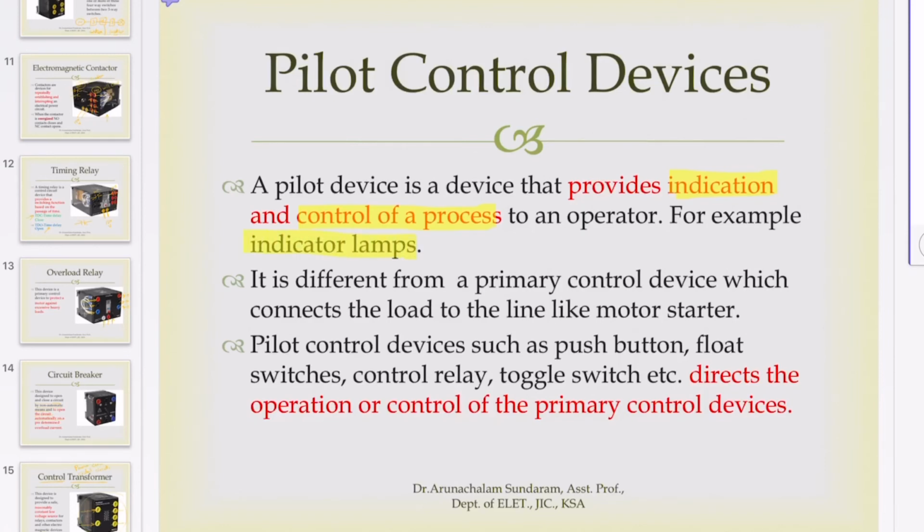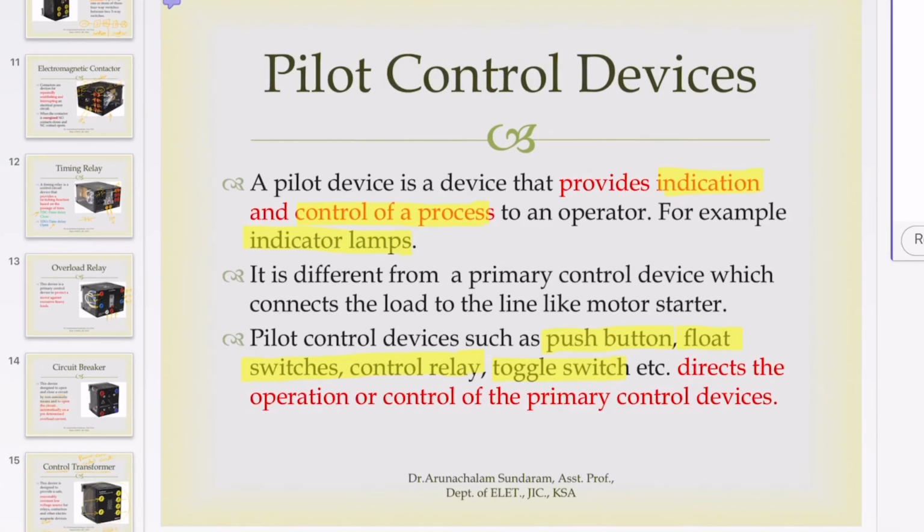For the second job, control of a process, you can find examples like push buttons, float switches, control relay, toggle switches, etc. At any time, you can control the process by pressing the push button, and you know these pilot control devices direct the operation or control of the primary control devices.